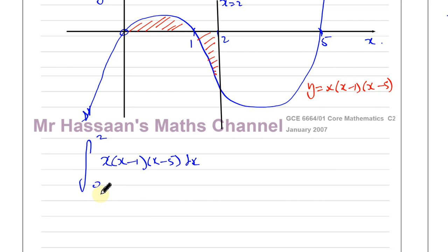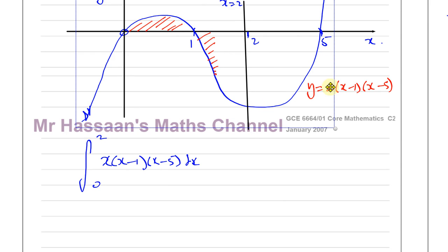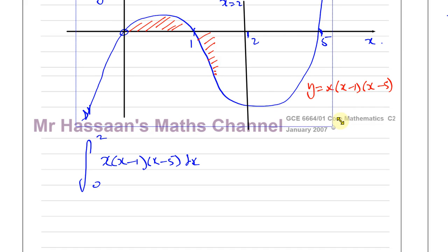But the problem is that when part of the curve is on one side of the x-axis and the other part is on the other side, one part of the area will be positive and the other will be negative. So I can't do this. In fact, I should make this sketch a bit more realistic, with 2 placed more properly.